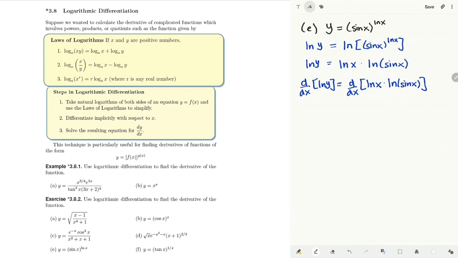So on the right hand side, we'll use the product rule. So the ln of x will be f, the ln of sine will be g. So on the left hand side, we have 1 over y times dy over dx, which is equal to f prime, which is 1 over x, times g, which is the ln of sine of x, plus the ln of x times the derivative of ln of sine, which is 1 over sine times cos.